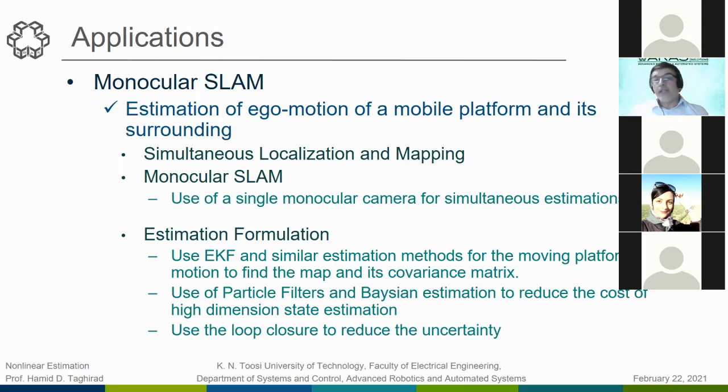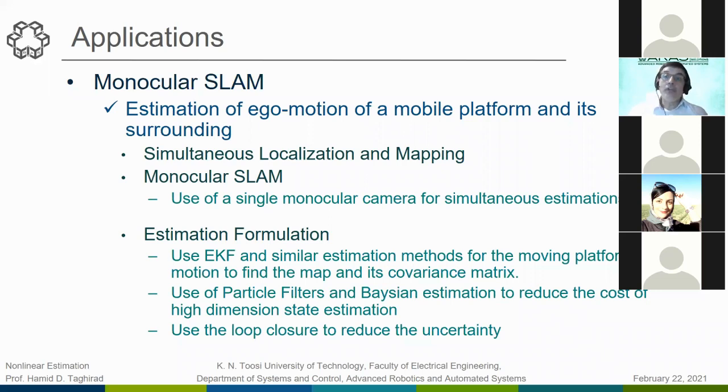SLAM means this. We have a camera on a robot, and the robot wants to have the map of the 3D scene that it is seeing. But the problem is that we don't know where the robot itself is. All the measurements are incremental or relative.